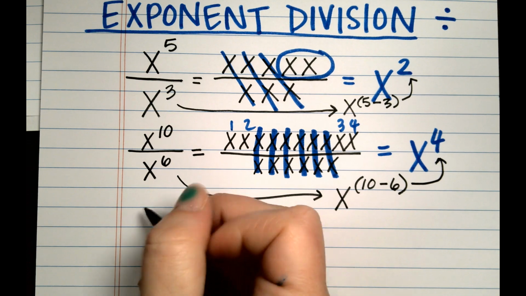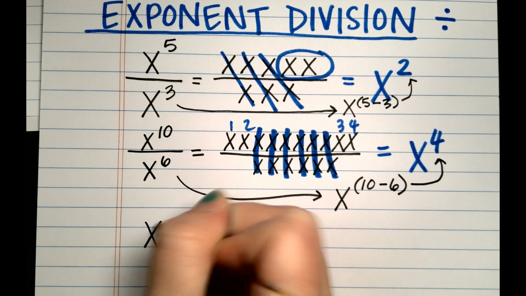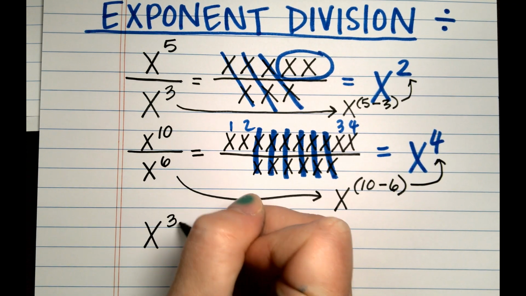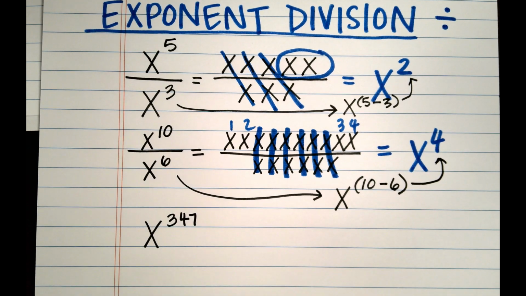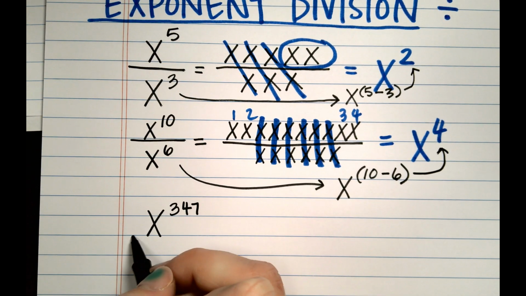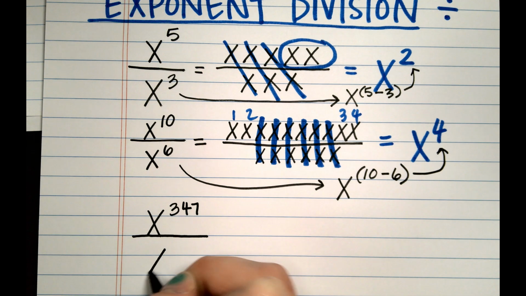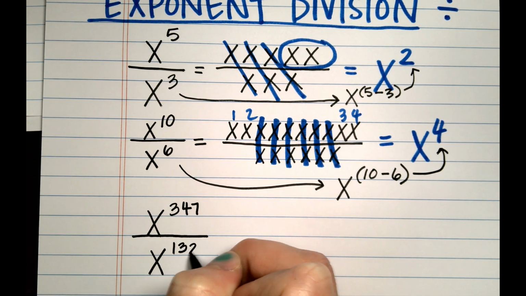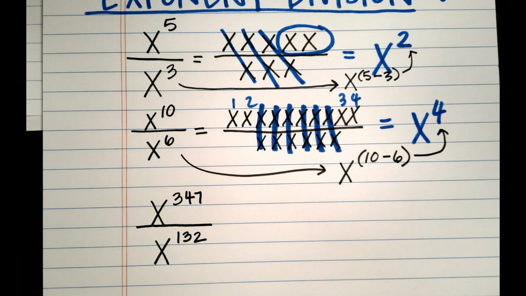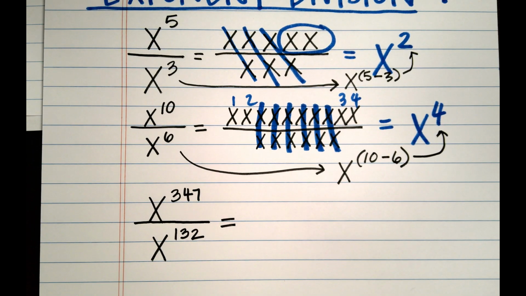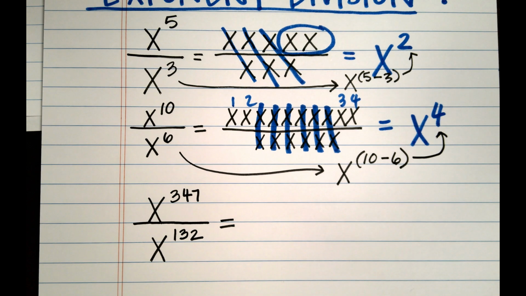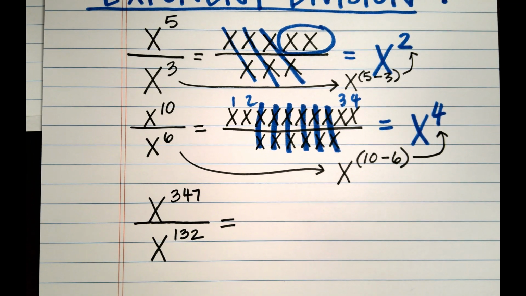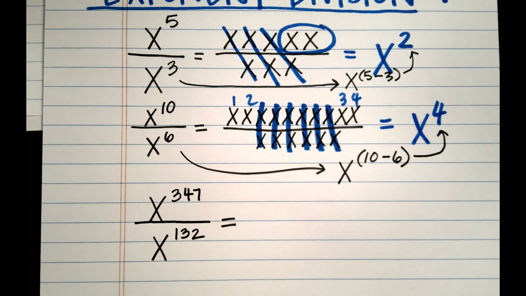Let me do another one. X to the 347 divided by x to the 132. All right, work that out and tell me if you can find the answer there. Ooh, I didn't even work it out yet myself. Let me check it with my calculator.